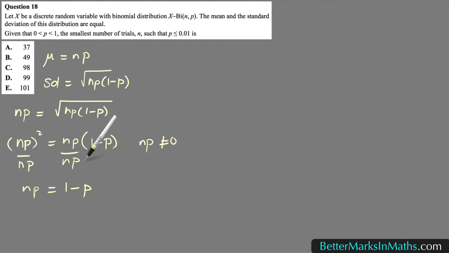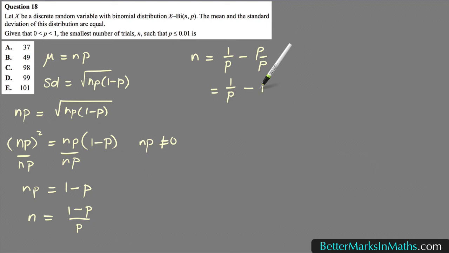So that means you can divide by np, and you're after the value of n, so the next step is to divide both sides by p, and you end up with (1 minus p) on p, and the next step is n is equal to 1 on p minus p on p, which is equal to 1 on p minus 1.